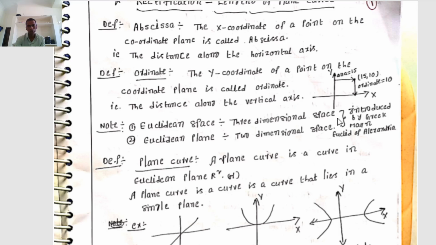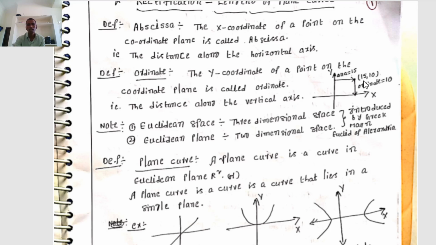In the xy plane, suppose we define a point (a, b), where a is the distance along the horizontal axis or x-axis, and b is the distance along the y-axis or vertical axis. Therefore, for a point (a, b) in the xy plane, a is called abscissa and b is called ordinate.